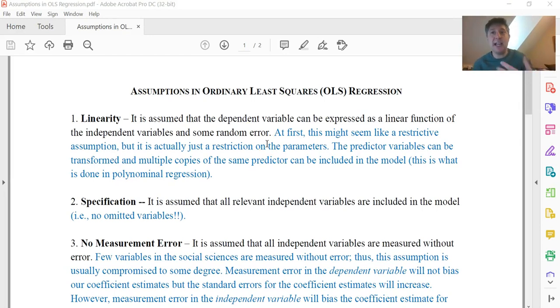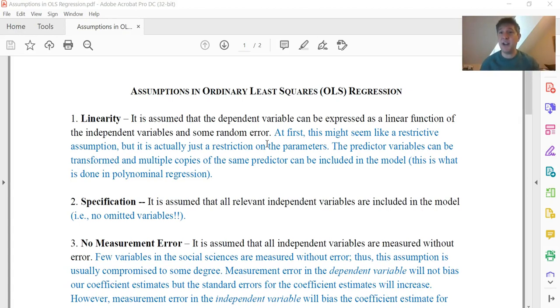So the first assumption that we might talk about is linearity. We assume that the dependent variable can be expressed as a linear function of the independent variable plus some random error. At first, this may seem like a pretty restrictive assumption, but it's really just a restriction on the parameters of the statistical model.